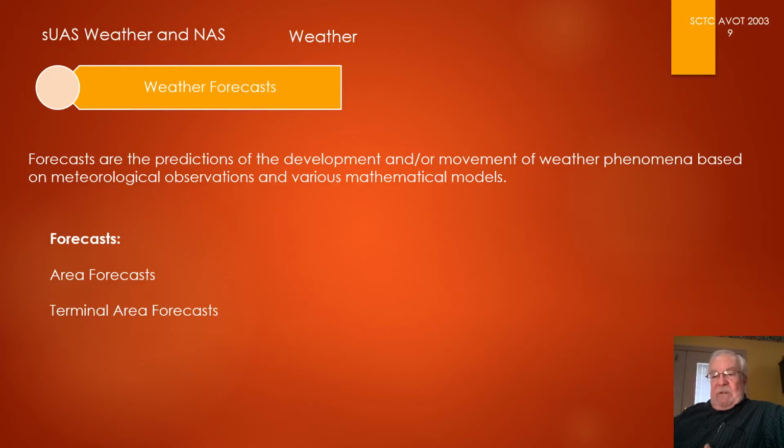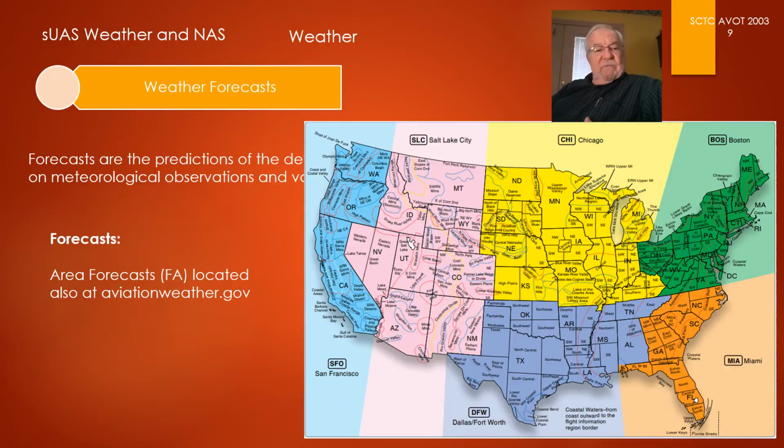So let's see. We'll continue with area forecast. By the way, they're called FAs, area forecast, right? Instead of putting AF, they put an FA, just to be confusing. Multi-state regions are, for example, North Carolina, South Carolina, Georgia, Florida. Those are our region.